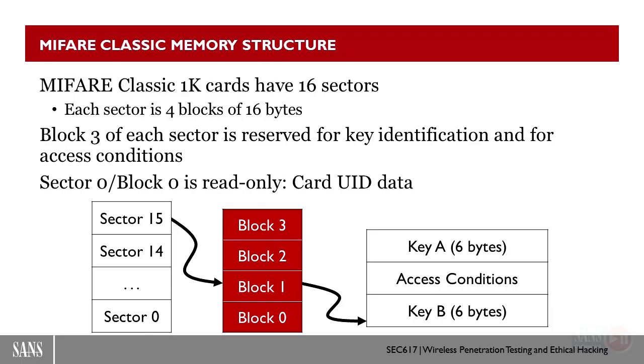Sector 0, block 0 is set to read-only and contains the unique identifier, the UID for the card. So 16 sectors, sector 0, block 0 is our unique identifier, readable by anyone, and is fixed, read-only. For each one of our other sectors, block 3 contains our keys and/or our access conditions. Are the rest of the data encrypted, or are they not, and can we read them without any authentication?